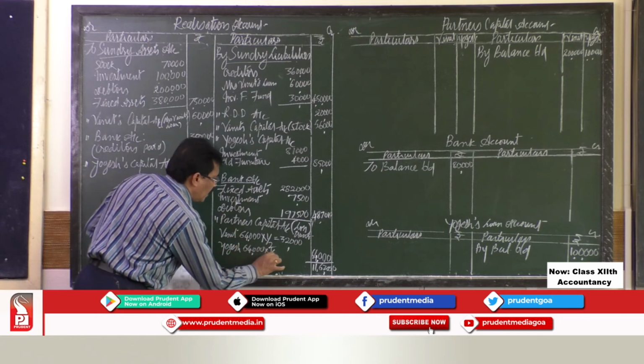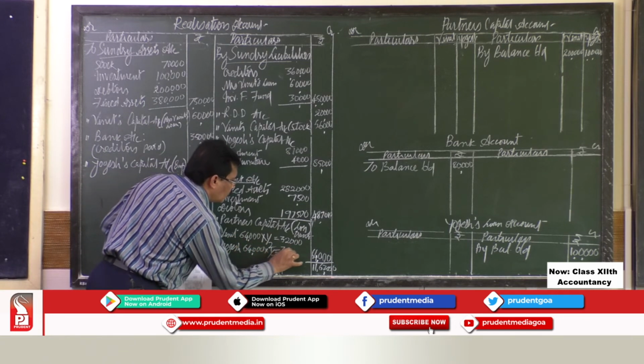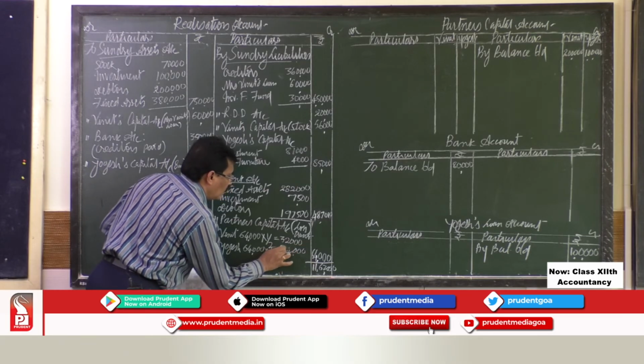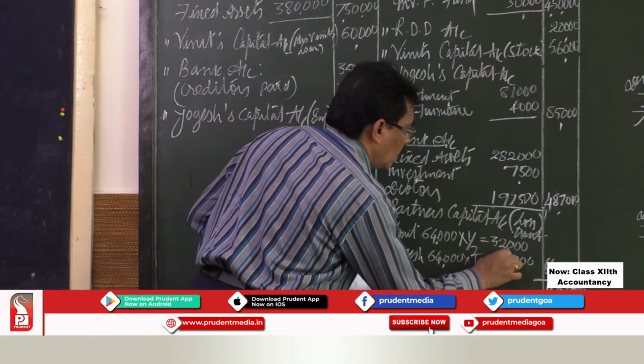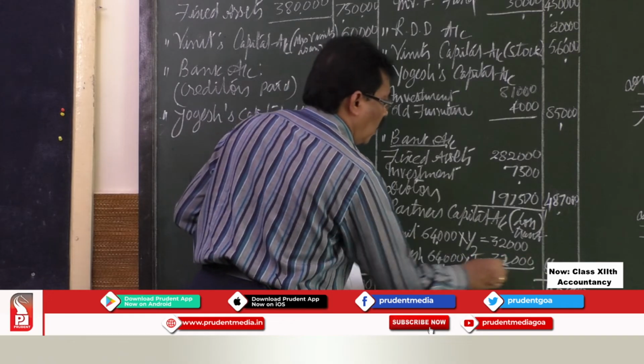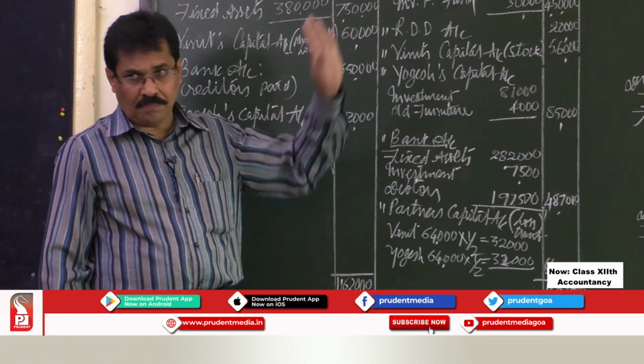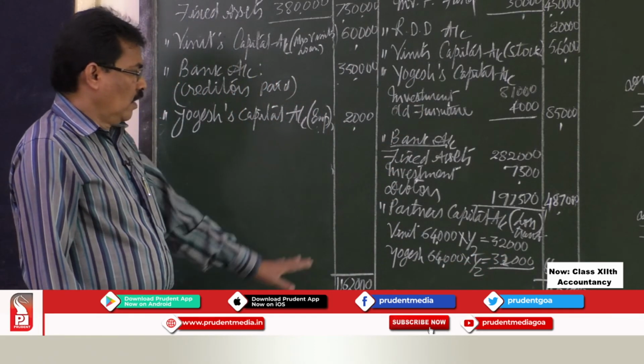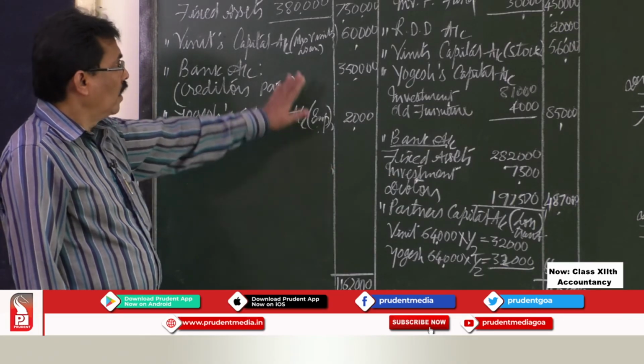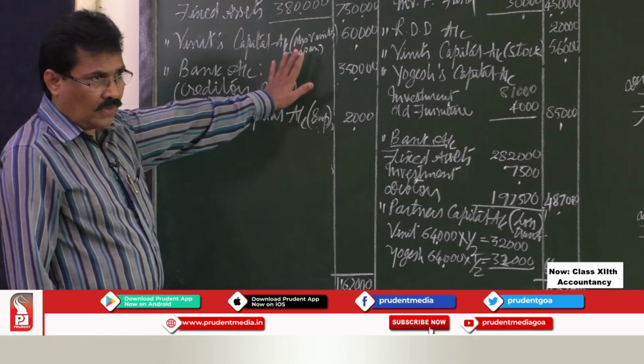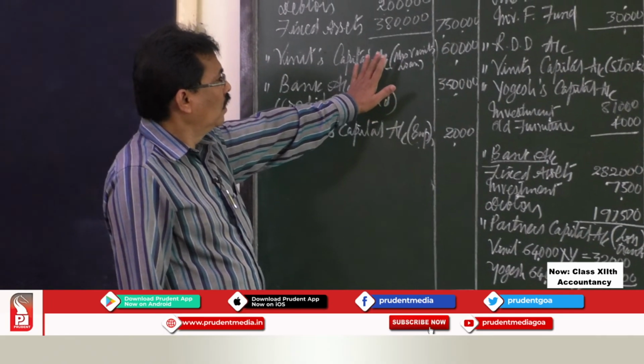We have to divide it equally. So, this one will also get 32,000. So, this is the loss transferred to partner's capital account. So, with this your realization account is closed.